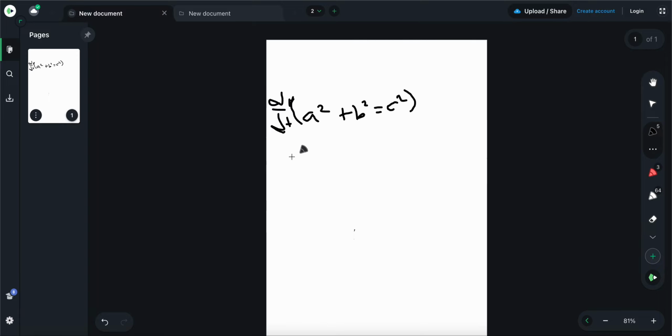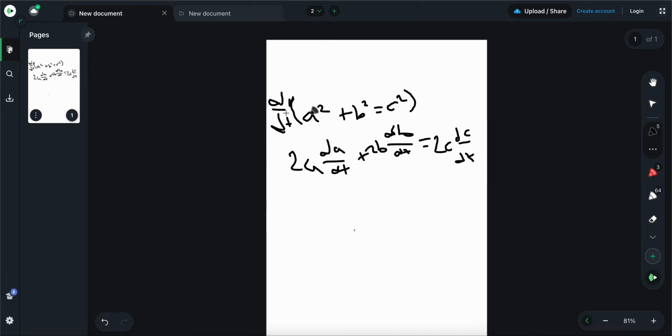So the derivative of a squared is 2a, and then this related rates variable dA/dt, plus 2b times dB/dt, equals, same thing over here, 2c dC/dt.